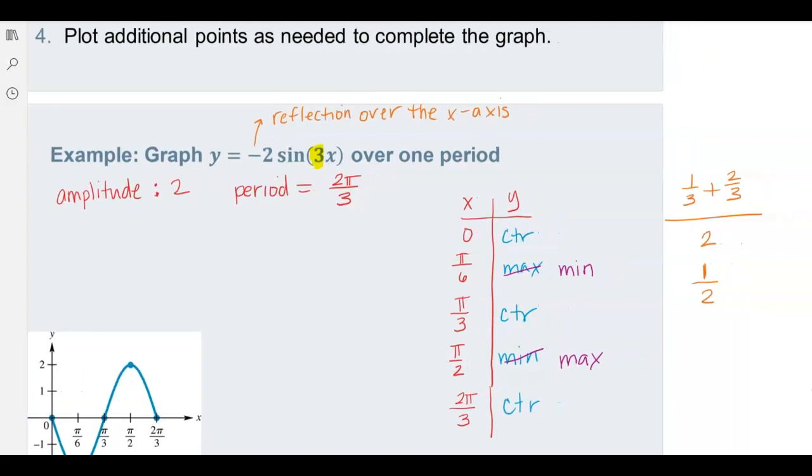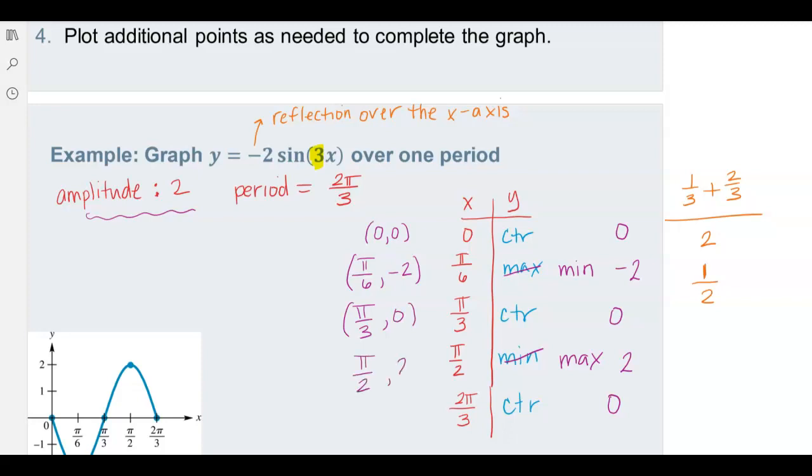So now we just fill in our y values. Anywhere that there's a center, that's going to be at 0. Minimums are going to be at, in this case, -2. Don't forget that we've changed the amplitude, and maximum is going to be at +2. So the points that I'm plotting are 0, 0, pi over 6, -2, pi over 3, 0, pi over 2, 2, and 2 pi over 3, 0.